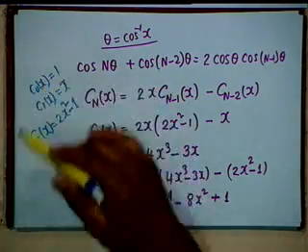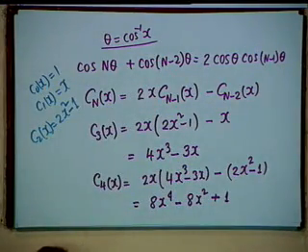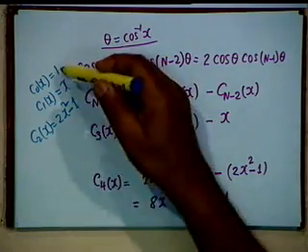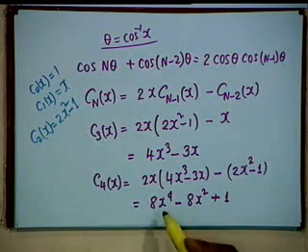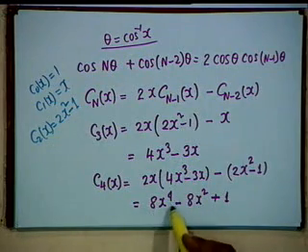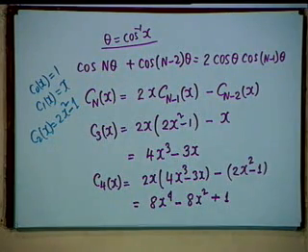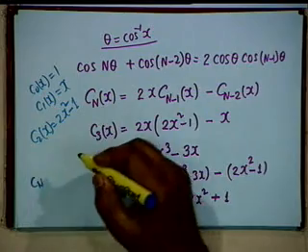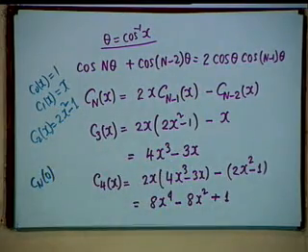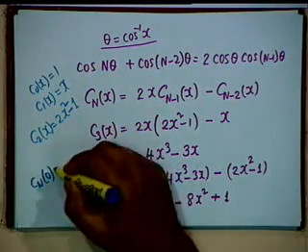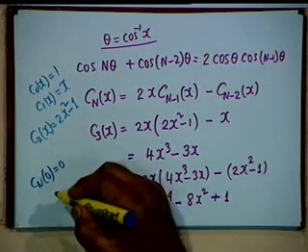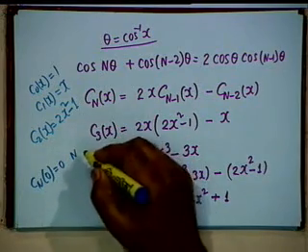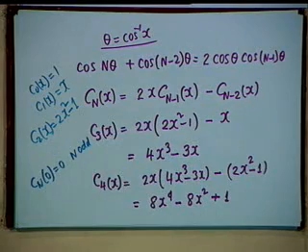On the other hand, if the order is even, then the polynomial is also even: 1, 2x squared minus 1, then 8x to the 4 minus 8x squared plus 1. You understand? And you notice that Cn of 0 has to be equal to 0 if n is odd, right?